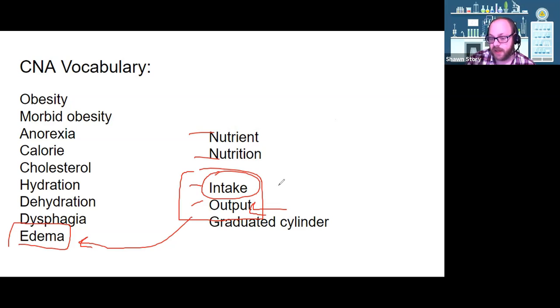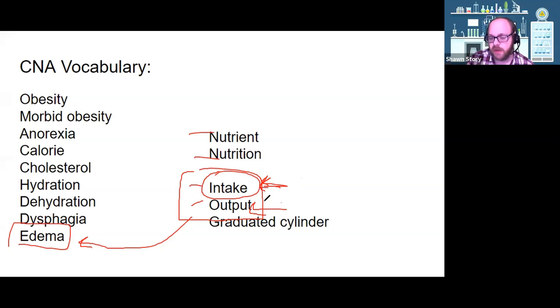And you do measure that. We're constantly measuring it. And that is one of the main tasks of a CNA, to make sure all of that's getting documented. That the intake was this many milliliters of juice, this many milliliters of water. We give them this many milliliters of Diet Coke. And then what was their output every time they use the bathroom, and then reminding the patients too, hey, remember, next time you go pee, we have to measure it, so make sure you pee into the cup before you dump it, right?